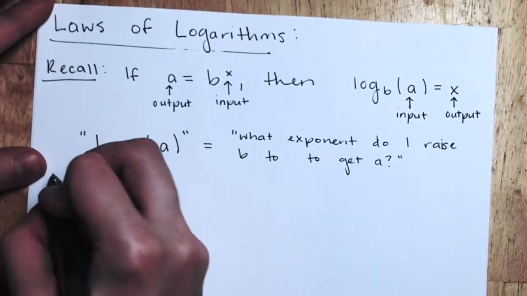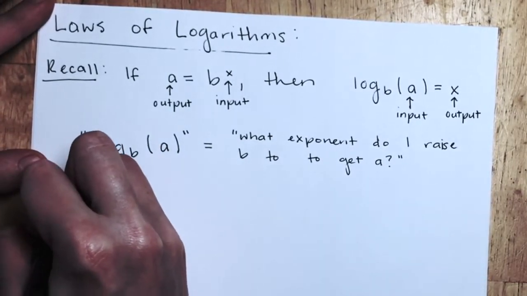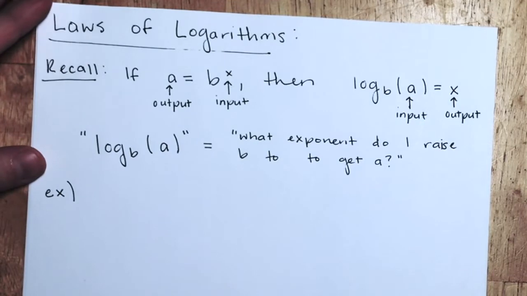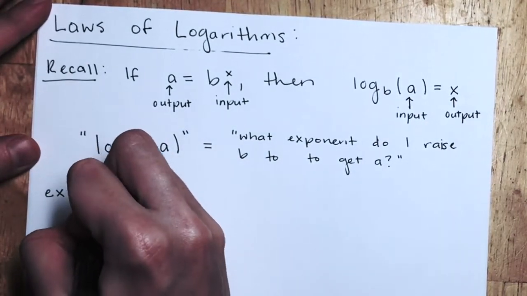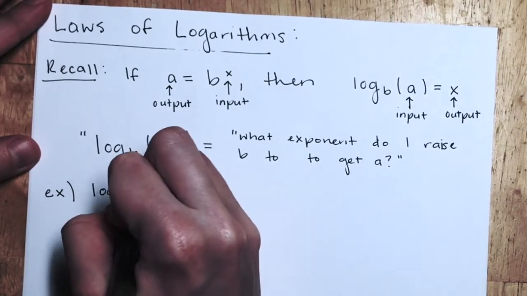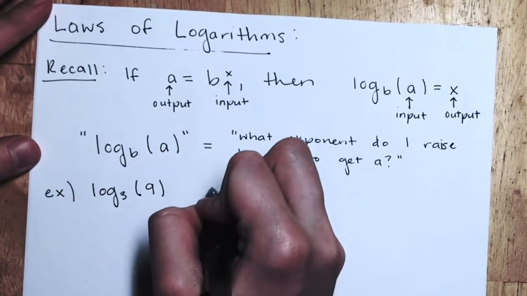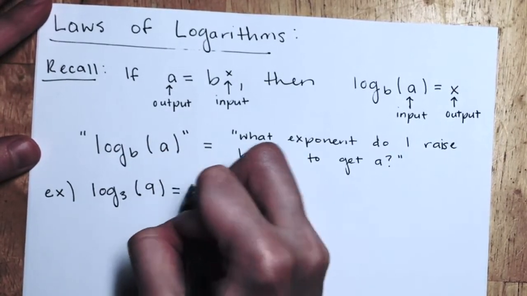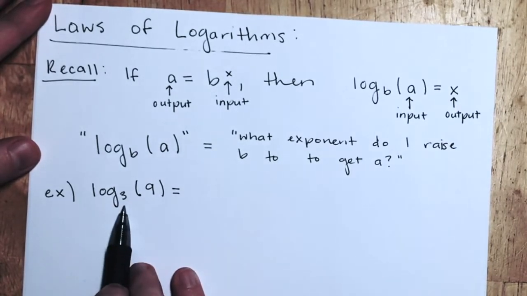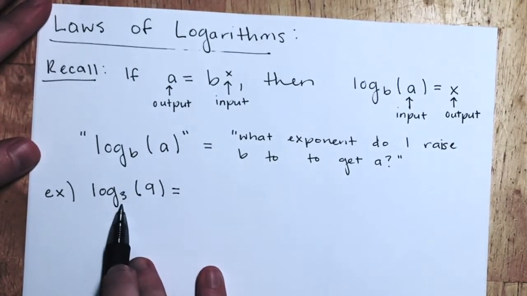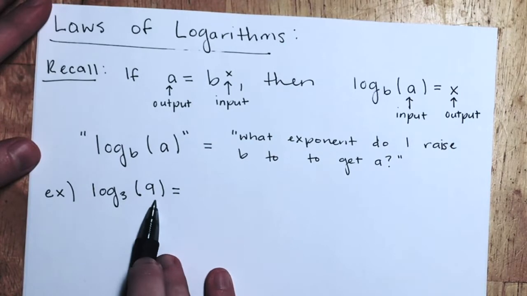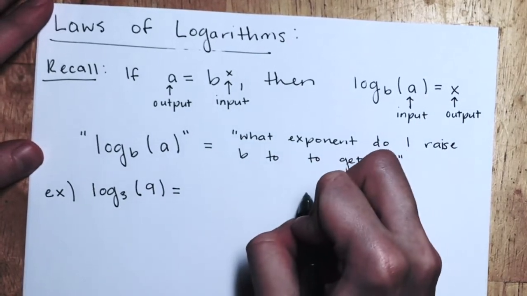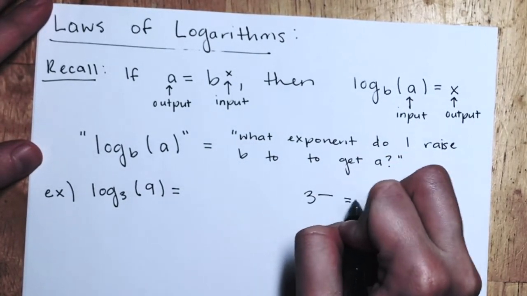So let's look at a couple of examples of this. Again, we're still refreshing. This is kind of from last time. If we were looking at log base 3 of 9, what do we raise b, which is 3 here, to get 9? So 3 raised to what equals 9?